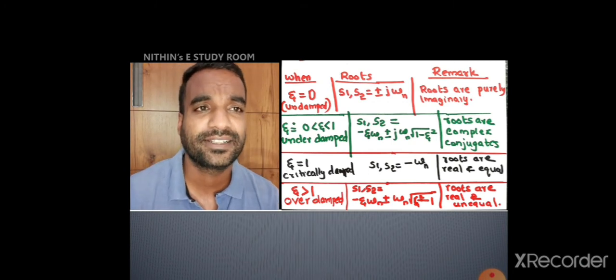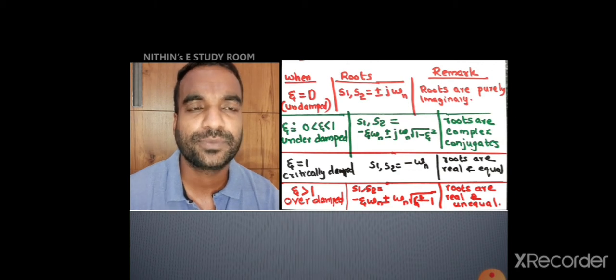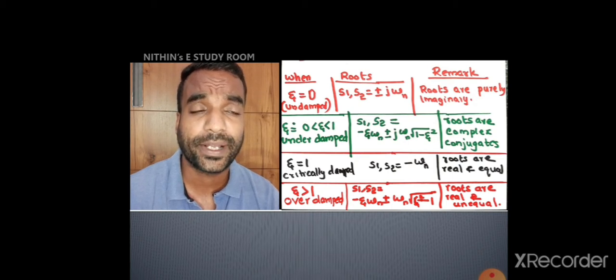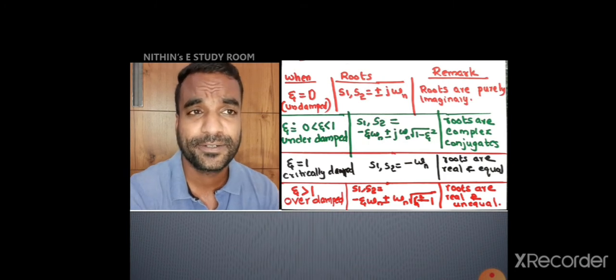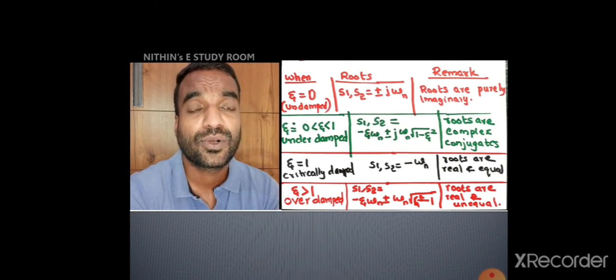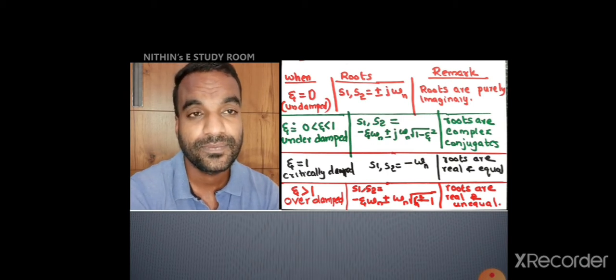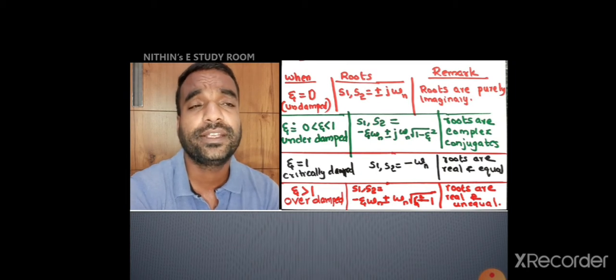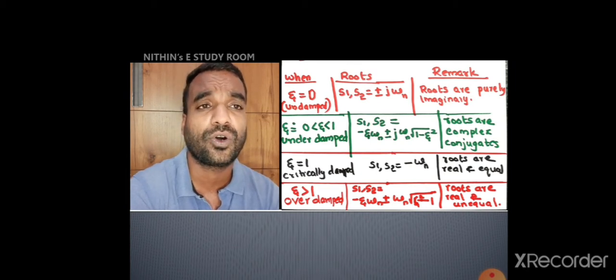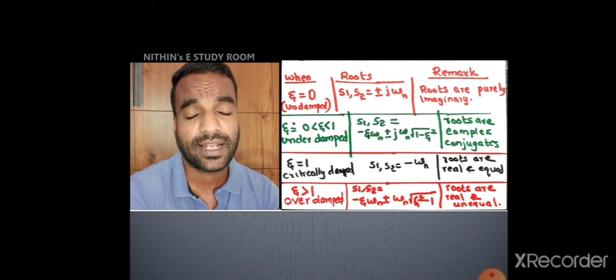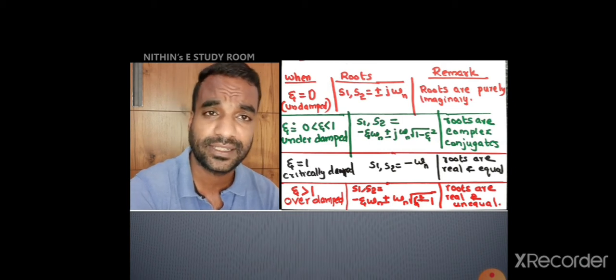But what is the condition? First root is minus eta omega n plus j omega n root 1 minus eta square. Second root is minus eta omega n minus j omega n root 1 minus eta square. So, the two roots are complex conjugates. Is it correct? Okay. So, if we are getting two roots and these two roots are complex conjugates, they are having both real term and imaginary term.